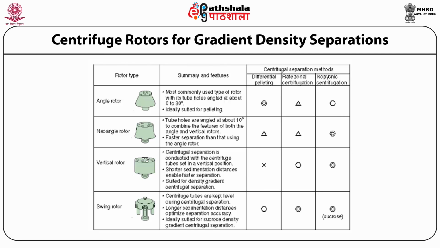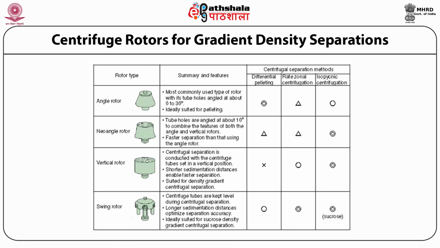Because the sedimentation path is short, these rotors permit only short run times. However, a remarkable resolution is achieved. Vertical tube rotors are best suited for isopycnic separation. The advantages and disadvantages of each rotor vary significantly and depend upon the particular application.